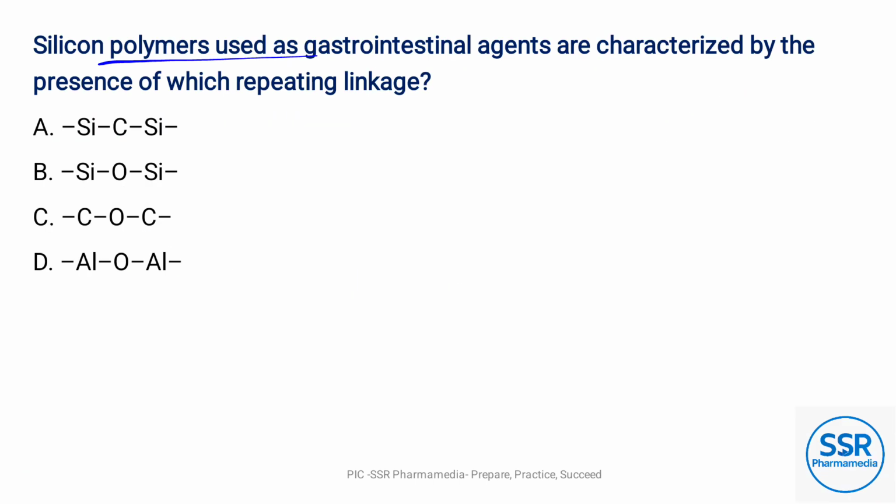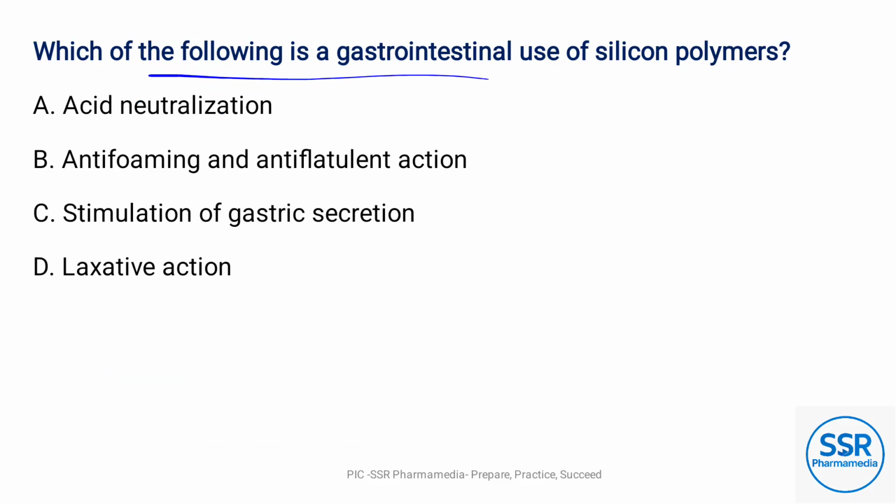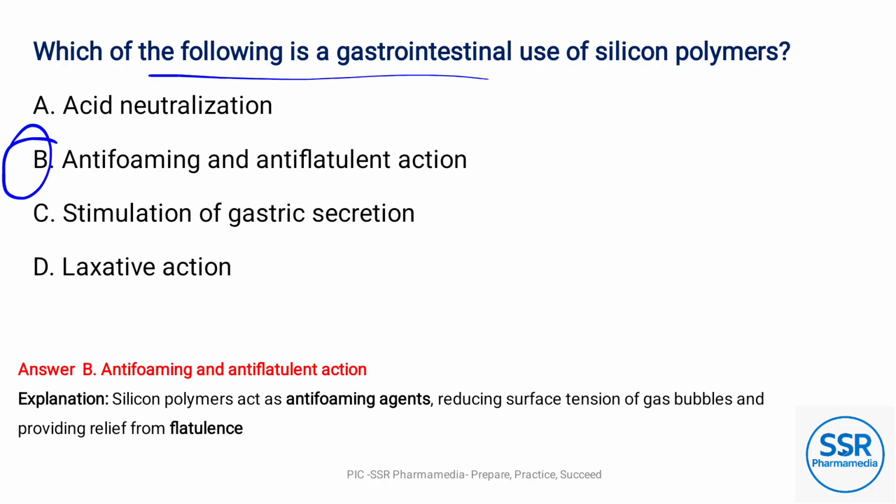Silicone polymers used as gastrointestinal agents are characterized by the presence of which repeating linkage? Option B is the answer. Which of the following is the gastrointestinal use of silicone polymer? Option B, antifoaming and antiflatulent action.